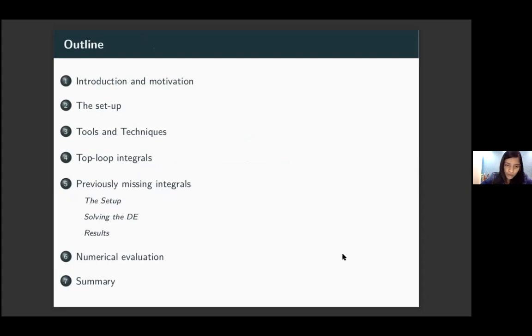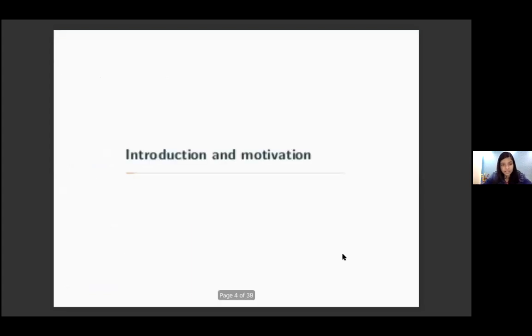And I will also talk about some integrals we evaluated in this paper which were not available before. Before summarizing, I will also explain the numerical evaluation of all these integrals, and in particular the functions which these integrals are written in terms of. So with this, let's start.